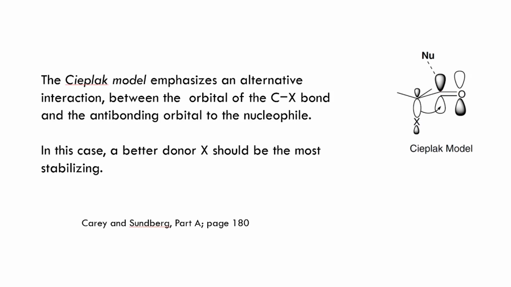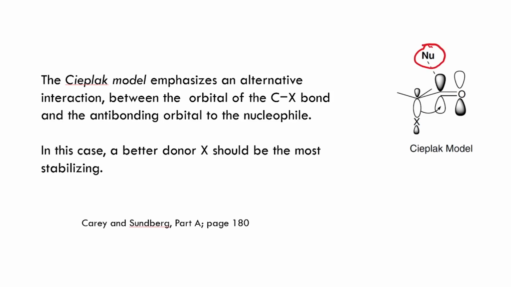Okay, so in this case, the interaction between the C-X bond and the carbonyl group produces the most reactive conformation, and the better the donor, the more electronegative X is, the better this interaction is and the more reactive that particular conformation is. Alright, so the model basically suggests that an alternative interaction between the carbon-X bond and the antibonding orbital is important, and that dictates the most reactive conformation wherein the nucleophile can approach.